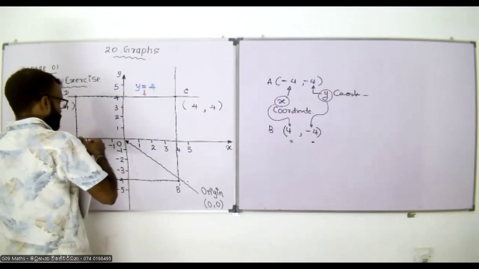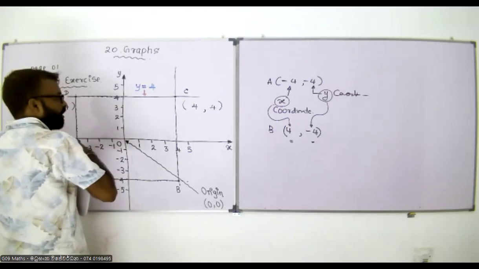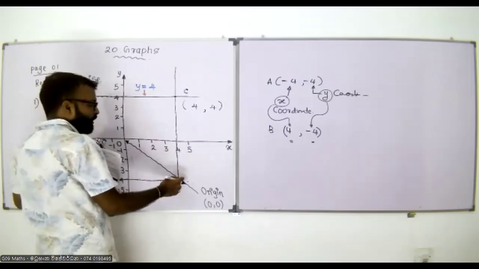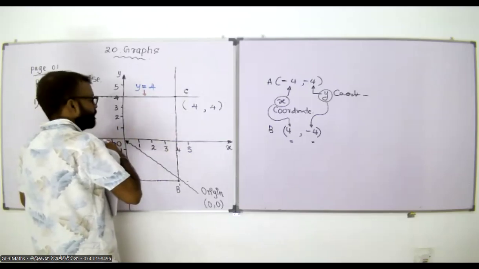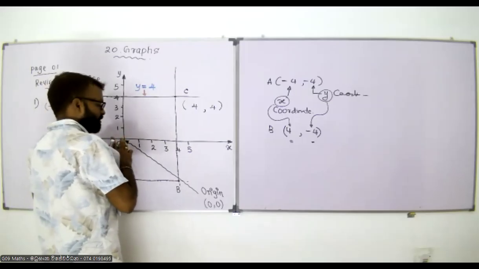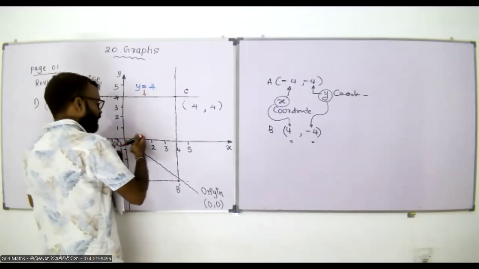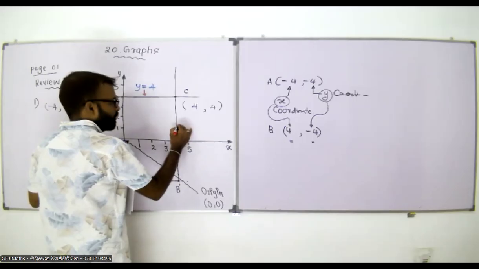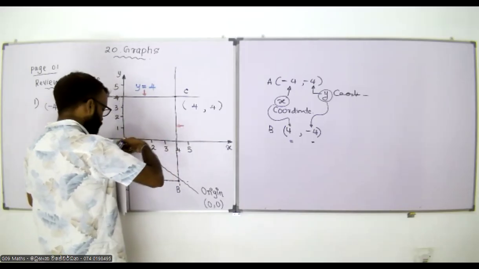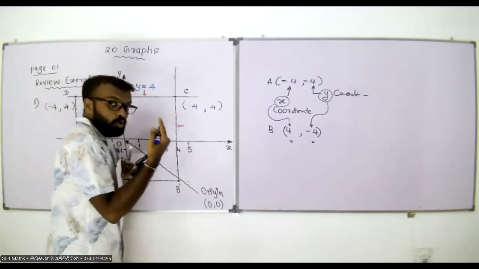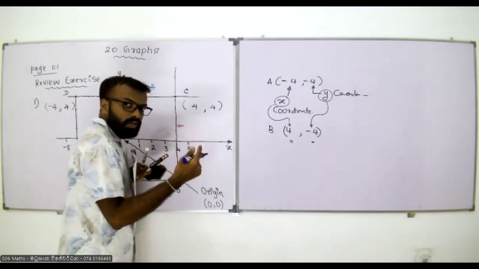Then I will show you how to write the equation of the BC line. Same thing as before: you have to think of two things. The BC line passes through which axis?